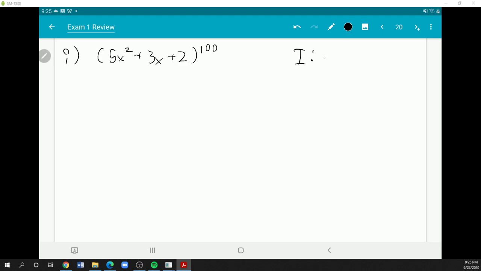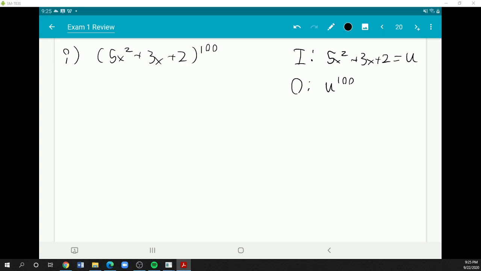My inside function is 5x squared plus 3x plus 2 equals u. My outside function is u to the 100th. Again, this is technically possible using nothing but power rule if you wanted to expand that out, but you would get such an unreasonable number of terms that you'd be very, very sad.